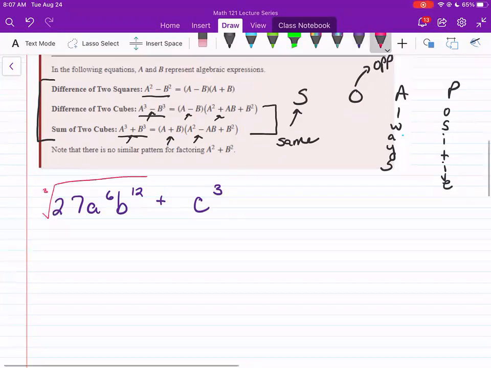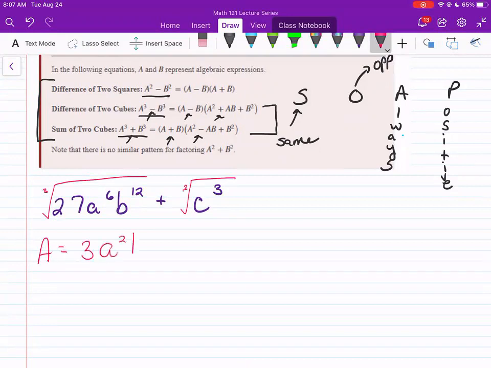So we're going to take the cube root of each one, and that's going to give us our a value, which in this case is going to be 3a squared b to the 4th. Remember, to take the cube root, you're going to divide the exponents by the root outside. And then for this second term, we're going to get our b value, and our b value is going to be the cube root of c cubed, which is just c.